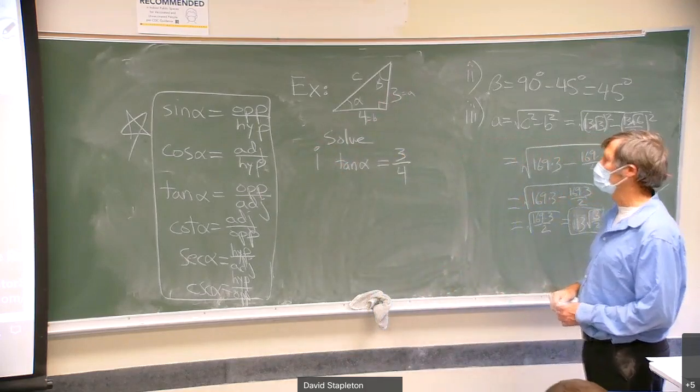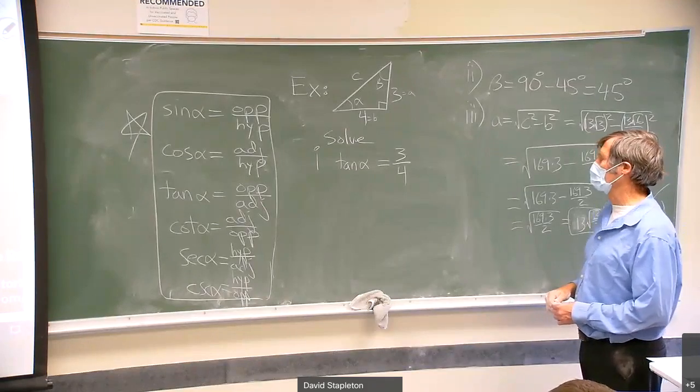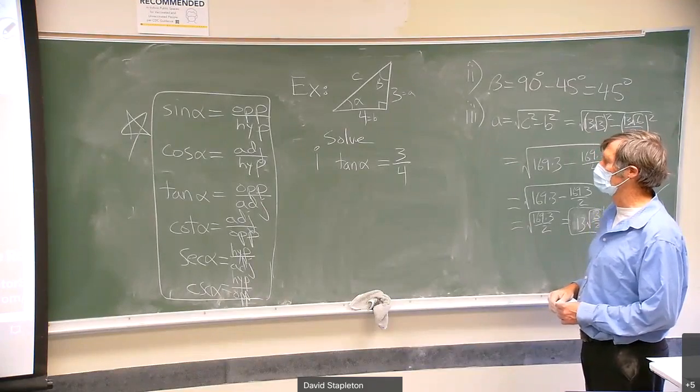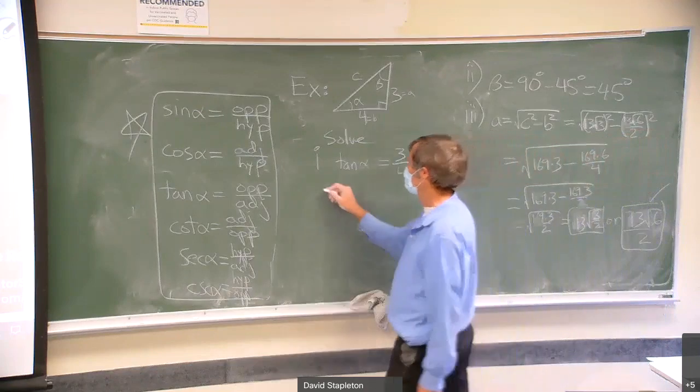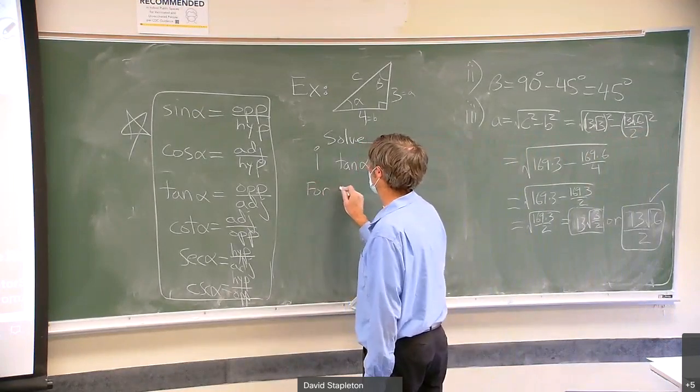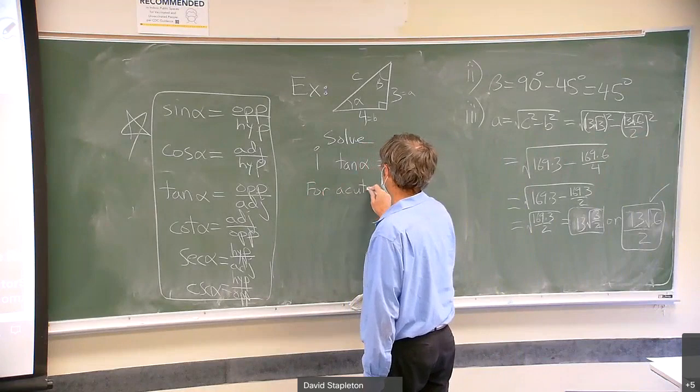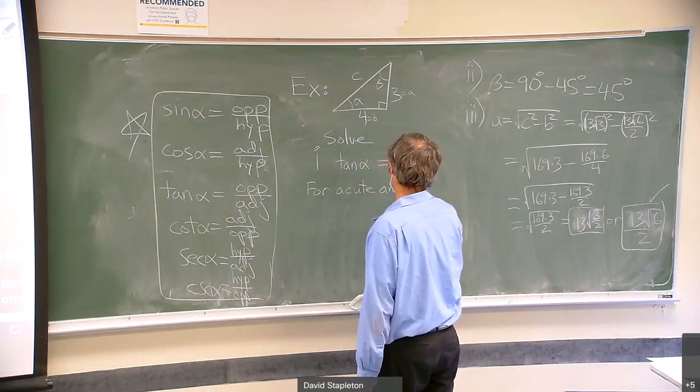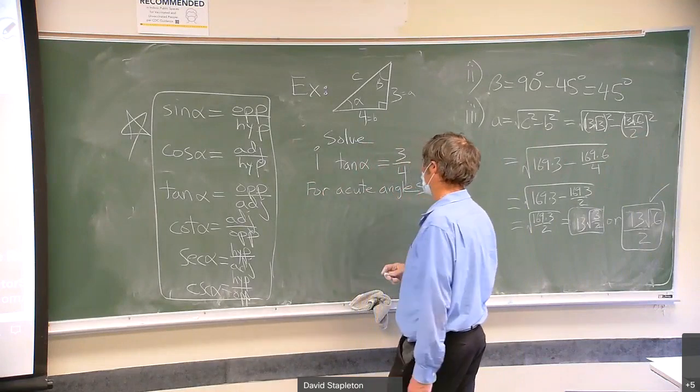Now what's alpha? Well, here's the other thing the calculator does for you. It computes what we call inverse trig functions, for acute angles only; this won't always be the case when you're trying to find an obtuse angle.